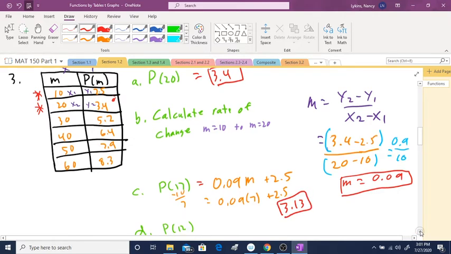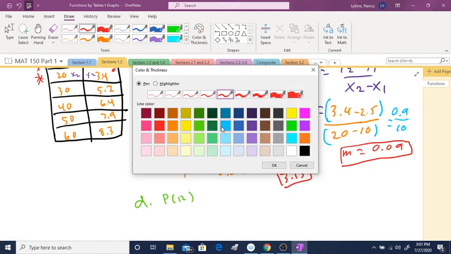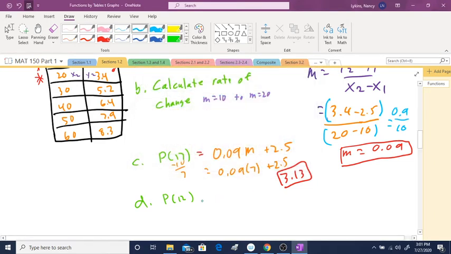Now let's look at P of 12. Exact same way. So push pause and you can come back to my explanation. We're going to do the same kind of process. We're going to use 0.09. But now I'm going to take my 12, and since it's between 10 and 20, I'm going to subtract the smallest, which gives me 2. So I'm going to put 0.09 times 2.